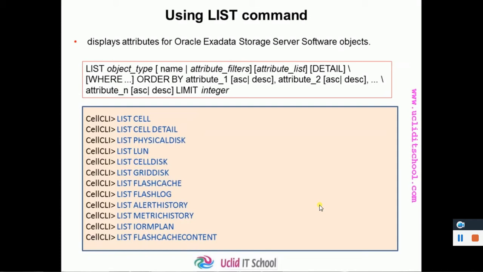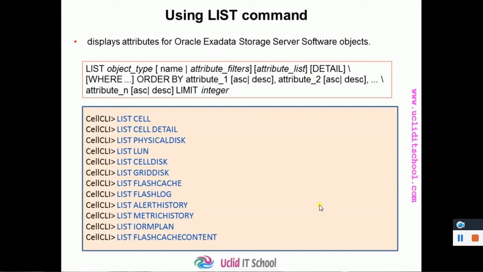Then you can use the list command to display the attributes and their current values. The list is the most commonly used command during the initial practices. So this slide shows you how to use the list command on various objects. List cell.